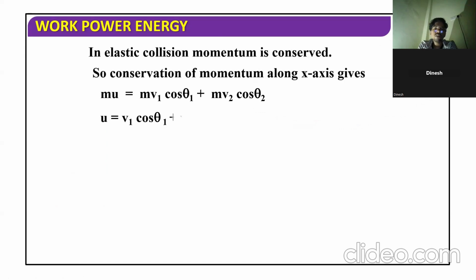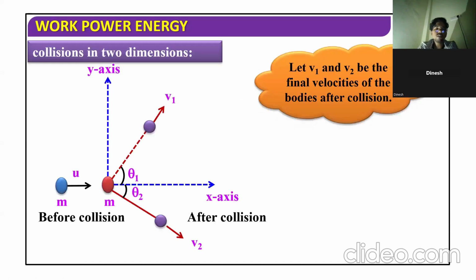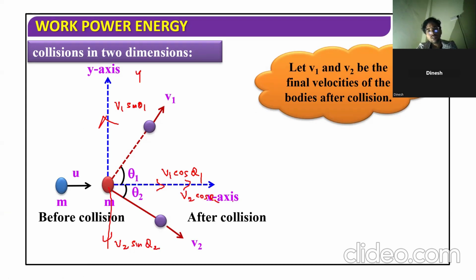Momentum is conserved. You conserve the momentum in x and y. See, its velocity components: one is V1 cos theta 1, here V1 sin theta 1, here V2 cos theta 2, down V2 sin theta 2. This is the y-axis, this is x. So momentum along the x-axis is conserved.